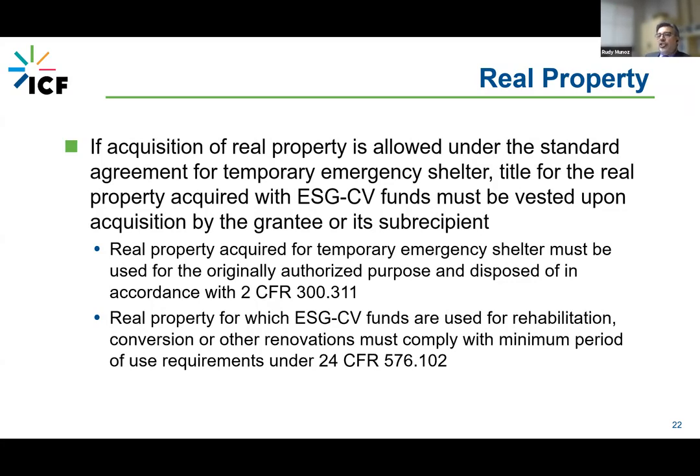If under the standard agreement that you entered into, the acquisition of real property is being permitted for a temporary emergency shelter, the title for that property, the property that is acquired with the ESG-CV grant funds, must be vested upon acquisition by the grantee or the subrecipient.